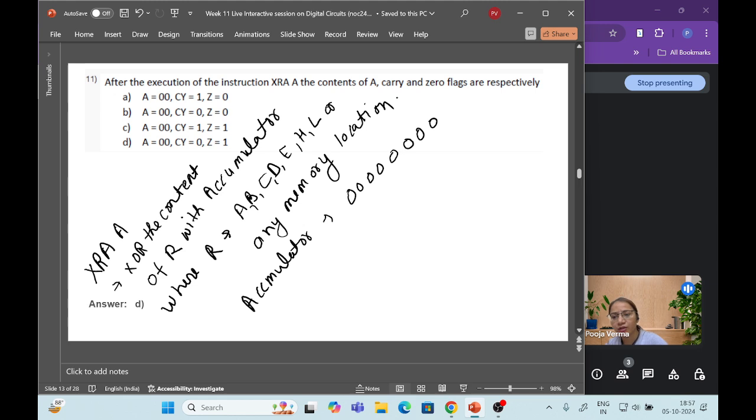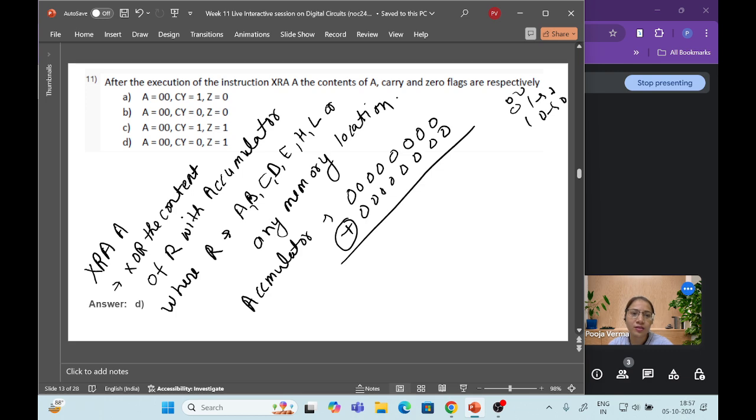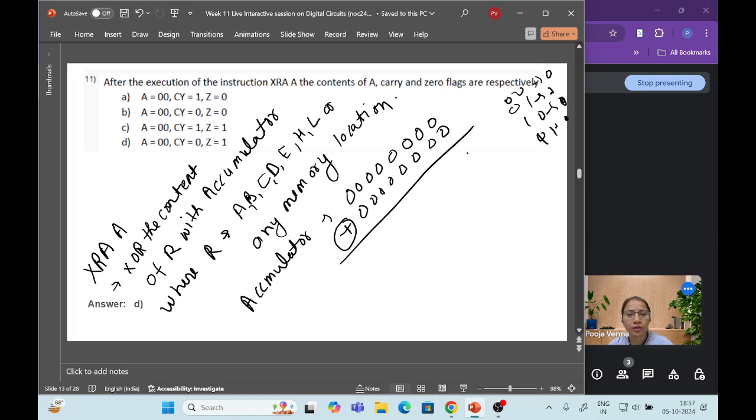So if we XOR the content with the accumulator, which is also 0 0, already we know that different bits XOR is 1, otherwise it is 0. So if we XOR it again, we will get only 0 0 0 0. So the content in the accumulator will be 0 0.